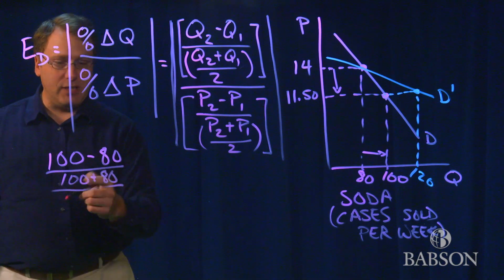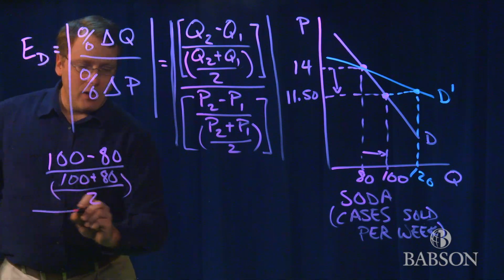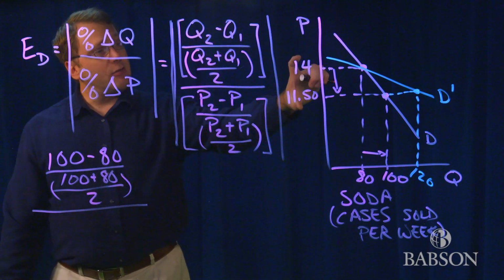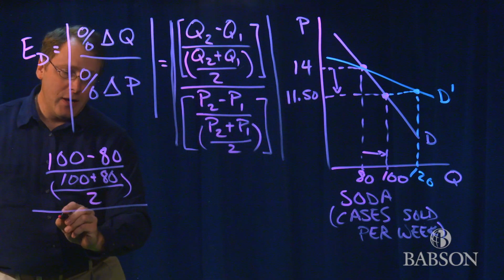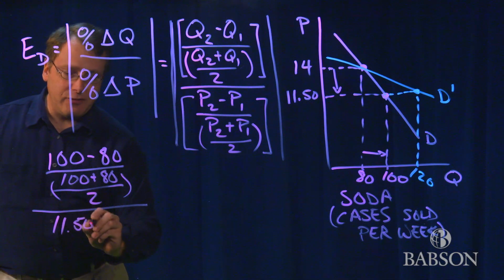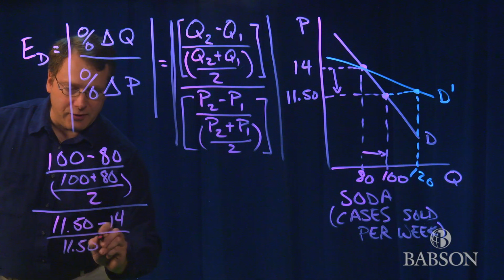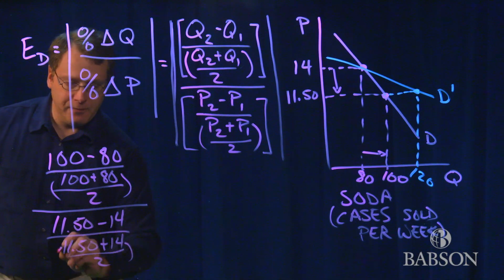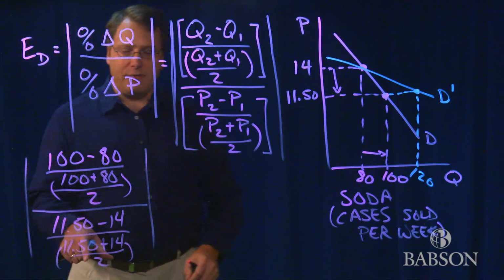And so what we see here is then we take this thing, divide it by 2. And now that's the change in quantity, so that's the numerator. And then we need the denominator here, and so that's the change in prices. And you'll notice here it's 11.50 minus 14 all over 11.50 plus 14, and then we have to divide that by 2. And then all of this is in absolute value.